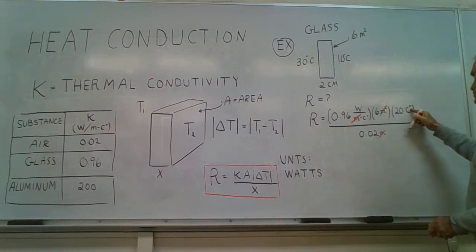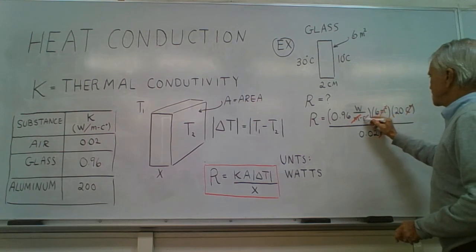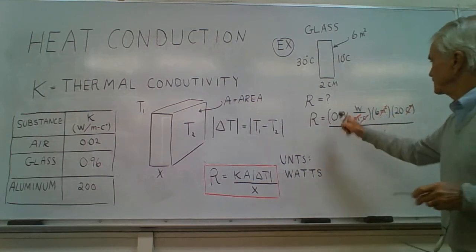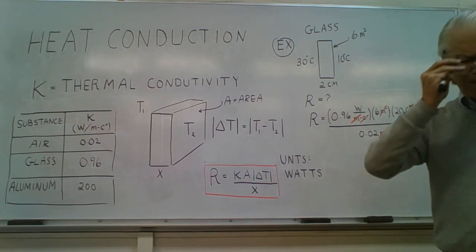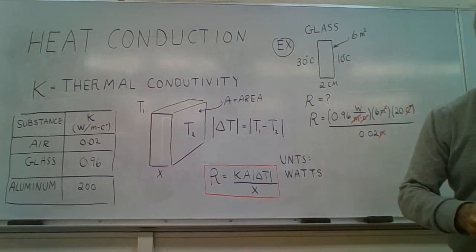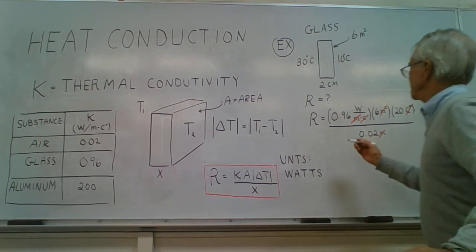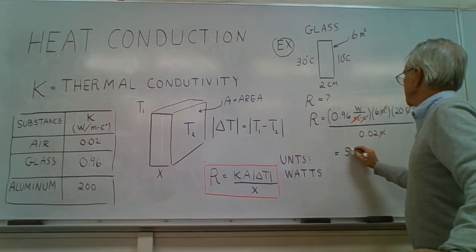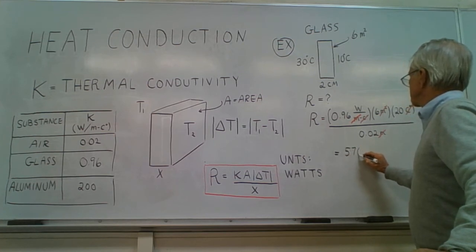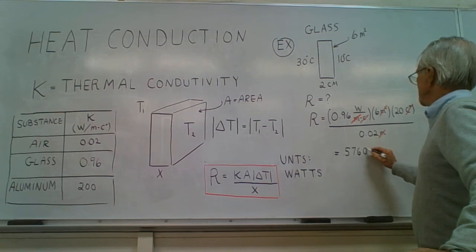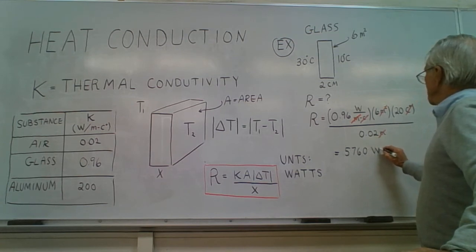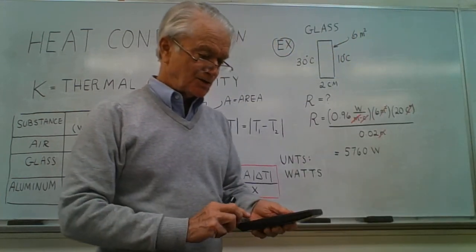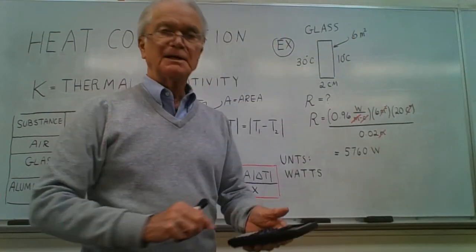And the Celsius degree there cancels a Celsius degree downstairs. And the unit that is left is a W. The actual number itself, I calculate as 5,760 watts. Final answer.